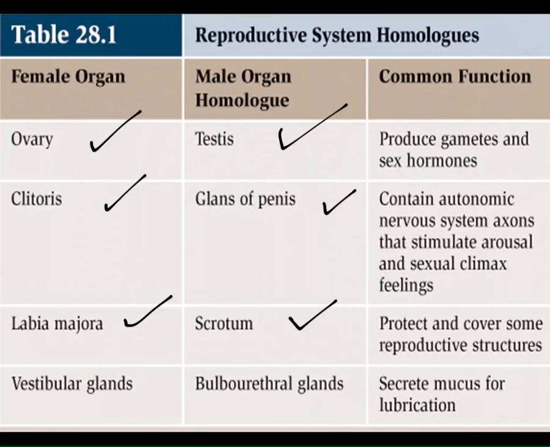And then you've seen the bulbourethral glands in the male. What was the other name for those? Cowper glands, right? C-O-W-P-E-R. The Cowper glands or the bulbourethral. In the female, the equivalent structures are the vestibular glands. There's that word vestibular again, keeps popping up in different places. What do the bulbourethral glands do?